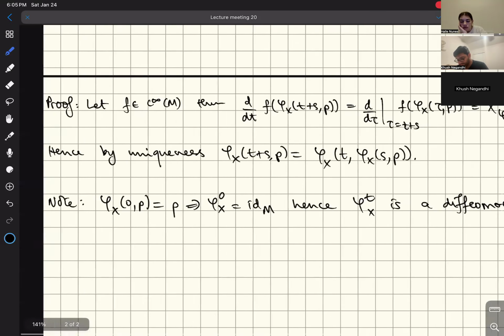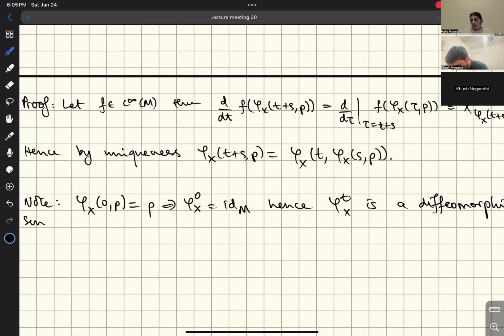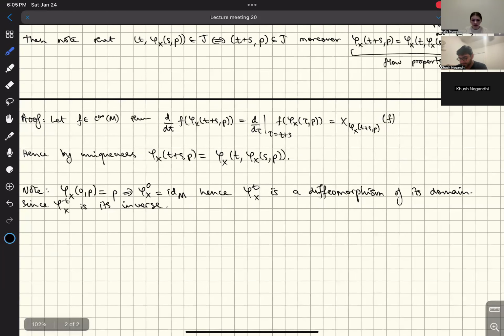The reason it's a diffeomorphism is that phi minus t x is its inverse. And I'll let you check why this exists and why these two are inverses of each other.